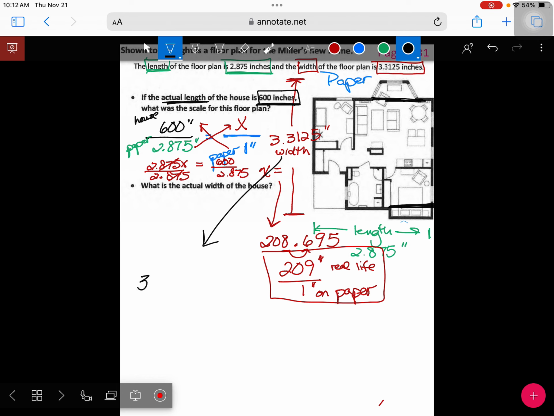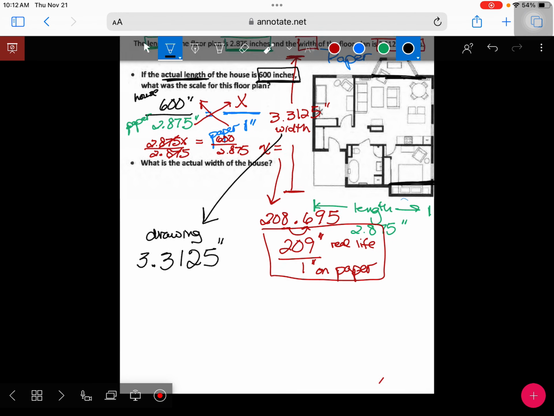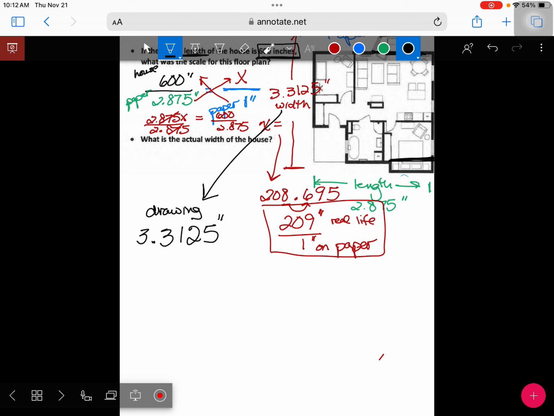Yes, so here it is, 3.3125. That's inches. This is on my drawing.